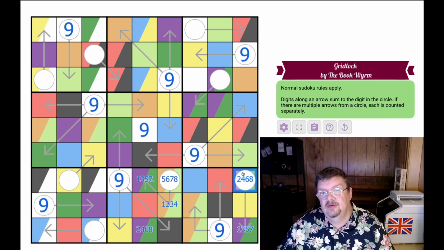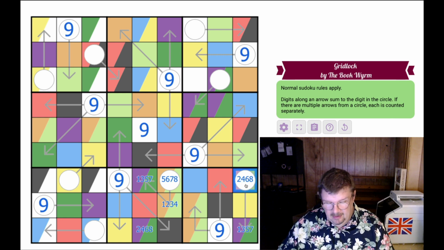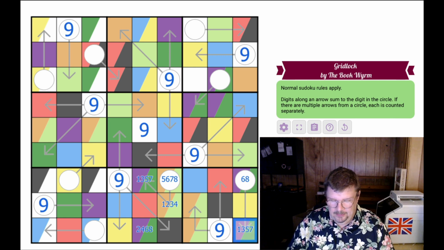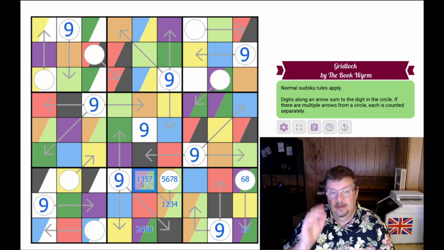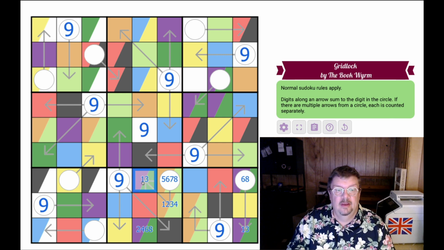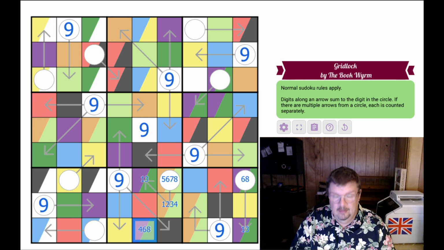But this digit, because it's on the circle, must be bigger than this digit. So that can't be 2 or 4, and that can't be 1 or 3. And now that can't be 5 or 7. So this would be 6 with a 3 or 8 with a 1. So we can now remove 5 and 7 from there, and we can remove 2 and 4 from there.